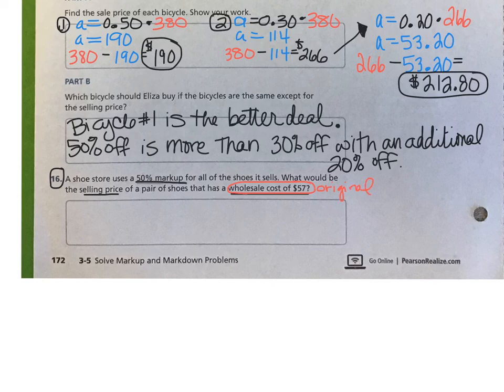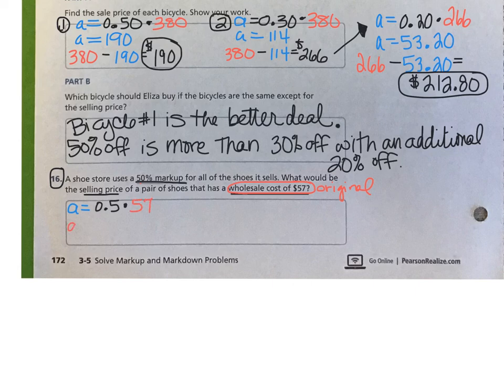The 50% markup tells us by what percentage we are going to mark up the item. So as we are working this, the first thing that we need to do is find out what is the amount of that markup for those shoes. So 50% as a decimal is 0.5 or 5/10 times the original cost of the shoes, which was $57.